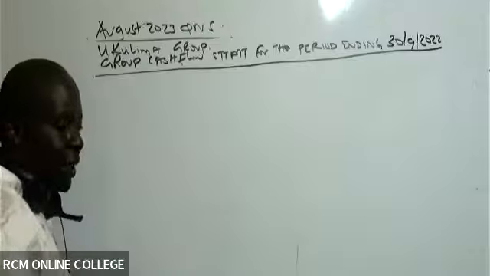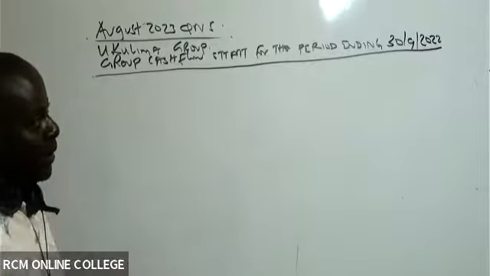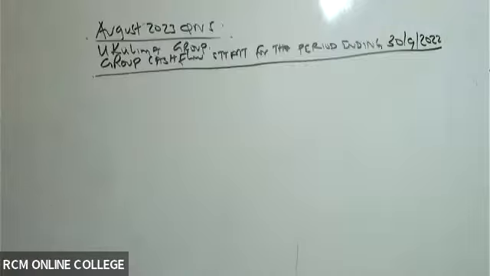You're using the indirect method. We're using the indirect method, you can write a dash there, indirect method. So group cash flow statement for the period ending 30 September 2022.